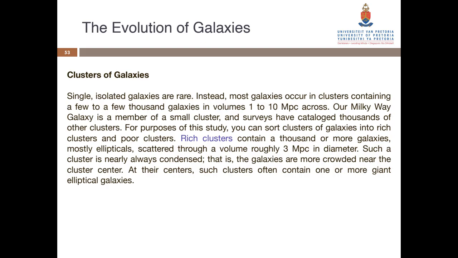So this is usually how these clusters look. But as I talked about, we get poor clusters as well, and poor clusters usually contain fewer than 1,000 galaxies.